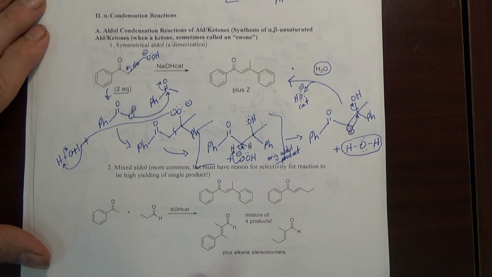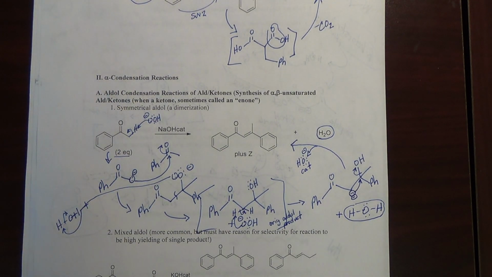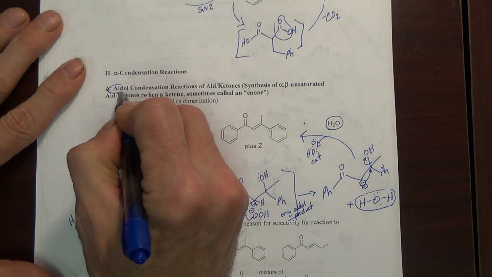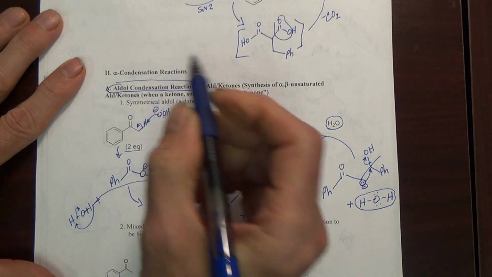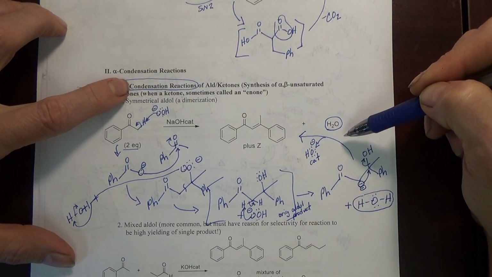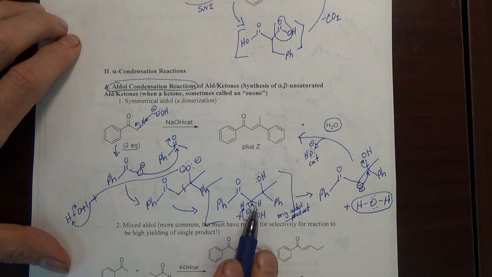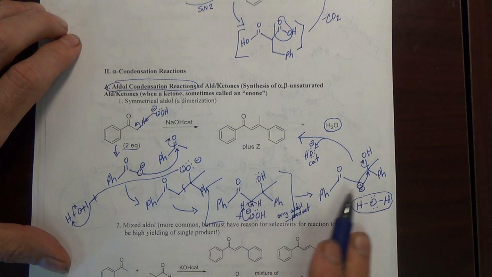And dehydrations are often called condensation reactions because that water can be condensed out. And overall, this can be called an aldol condensation reaction. That implies that water is lost. Water is only lost when we do the second step. If you just stopped here, you could just call that an aldol reaction, but you would not call it an aldol condensation reaction.